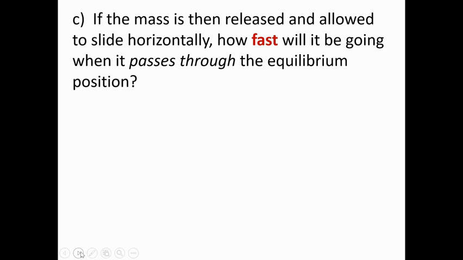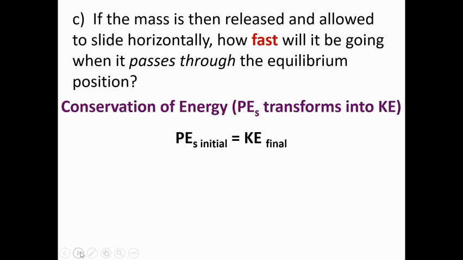Initially, the energy is stored as elastic potential energy, but as it returns to its equilibrium position, that potential energy is transformed into kinetic energy of motion. So here we can say that the initial potential energy stored in the spring is equal to the final kinetic energy as it moves through its equilibrium position.